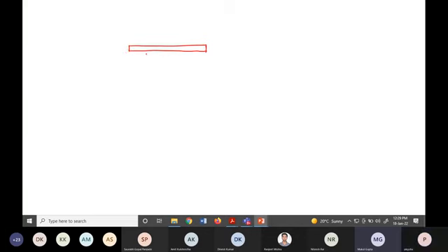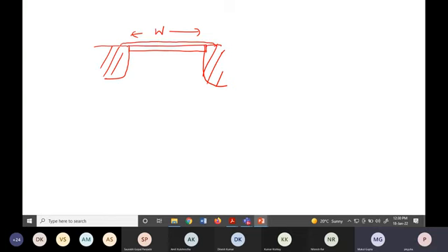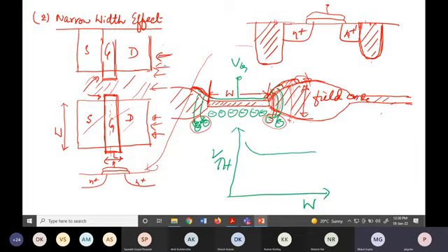I have my trenches like this. So this is my trenches, this is my W, and I have this polysilicon, right? This is the side view, the view from this side I'm drawing.